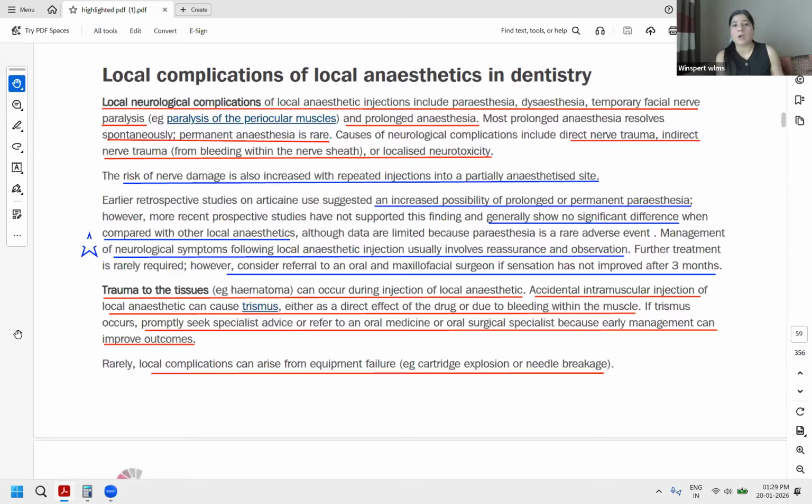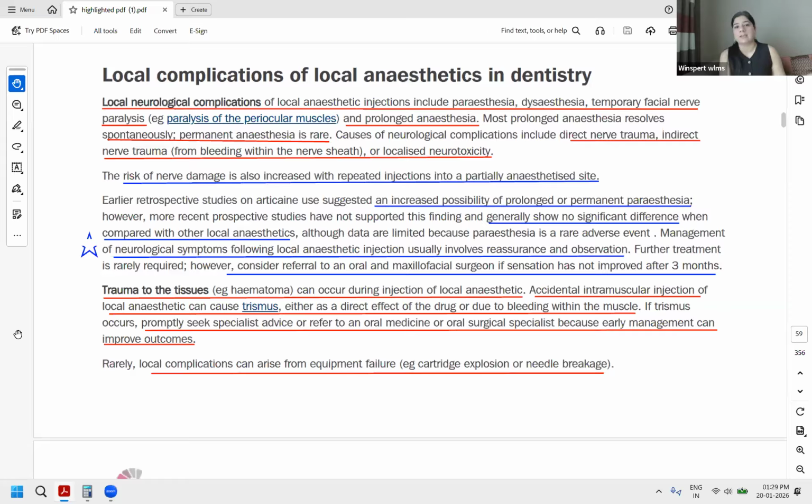Recently in the exam, you have gotten a question. I recently did it in the UF2 class as well, if you remember. After anesthesia, the patient wasn't able to blink their eyelids. How will you manage that patient? That we will also cover in the TG lectures when we talk about the emergencies, the ocular emergencies, the temporary facial paralysis because of the periocular muscle paralysis, because of the anesthesia of the facial nerve.